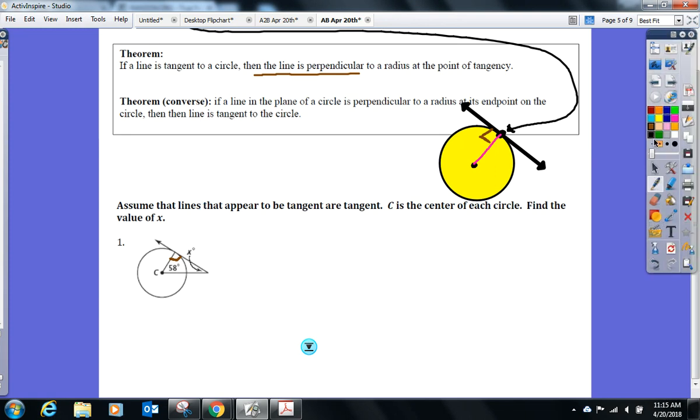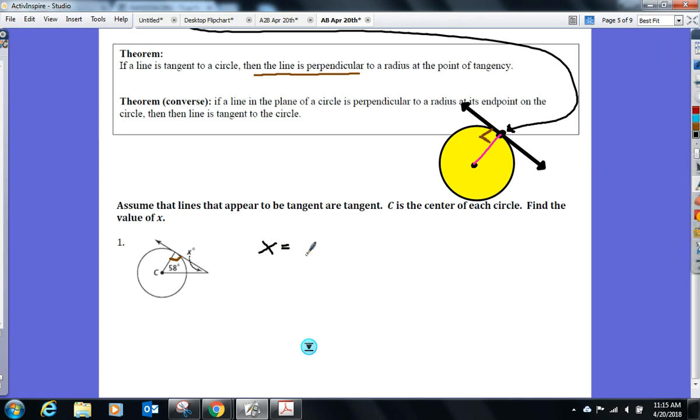Now how can I find angle x? I can do 180 minus that right angle, minus the 58 I was given. That'll let me know x will be 32 degrees.